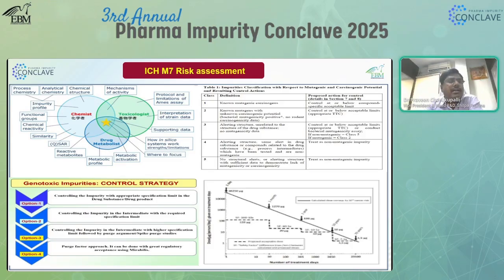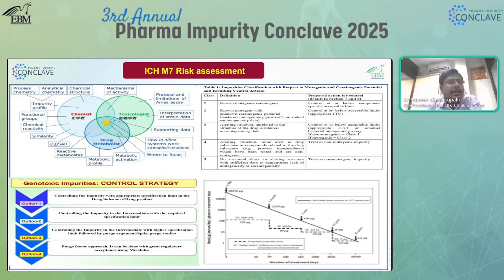And what is the control strategy for the genotoxic impurities in the drug substances or drug product, especially in the drug substances? The genotoxic impurity shall be controlled in the API with the TTC limit. So that is one approach, where if the impurity is forming in the N-1 stage or you are unable to control the impurity in any of the stages, this will be the approach where the genotoxic impurity will be controlled in the drug substances.